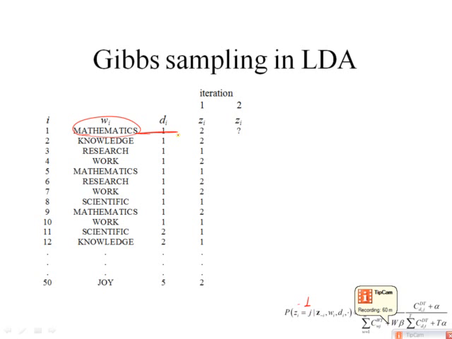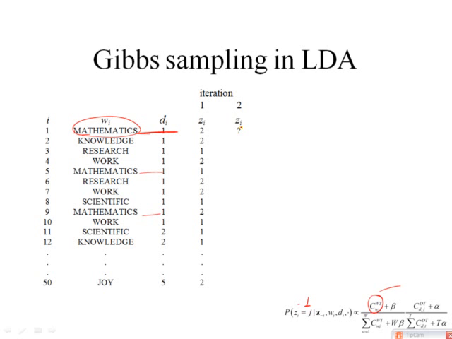If I don't count this instance, mathematics occurred in topic 1 here, and mathematics occurred in topic 1 here. So 2 is the number. What? 1 and 2. What? No, all I'm saying is that I need to count how many times the word mathematics, because mathematics is the ith word, occurred in topic 1, because I'm trying to compute the likelihood that ZI equal to 1. So the ninth one doesn't get considered because the ZI is relative to.